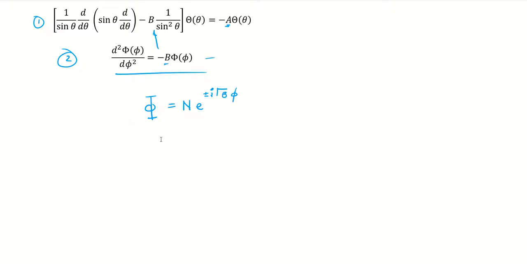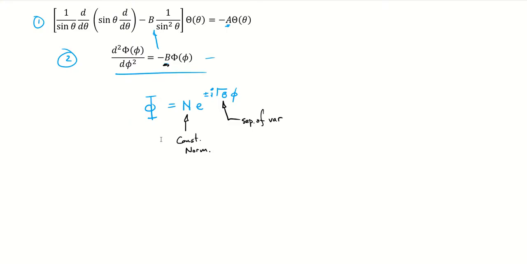You can see this pretty quickly because if you take one derivative, a root b comes down, an i root b comes down, and take another derivative, and another i root b comes down, and we end up with negative b times the original function. This N is a constant of normalization, and this b is just that constant from separation of variables.